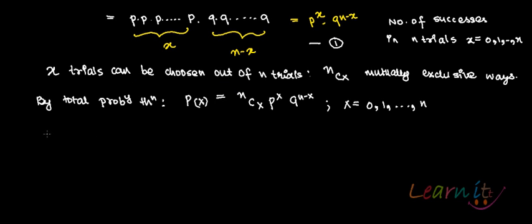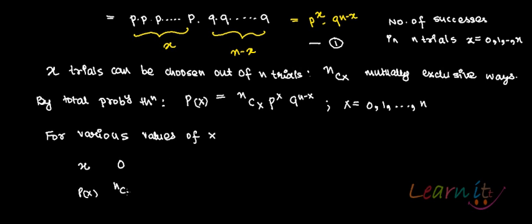Now you can find out the probability distribution for various values of x. Okay, you can write the probability distribution. When x is 0, this becomes nC0 p to the power 0 q to the power n minus 0.